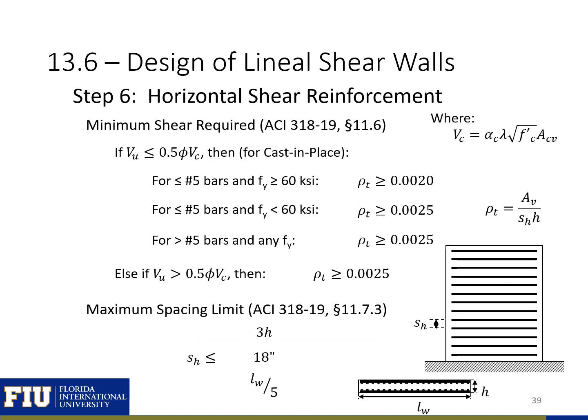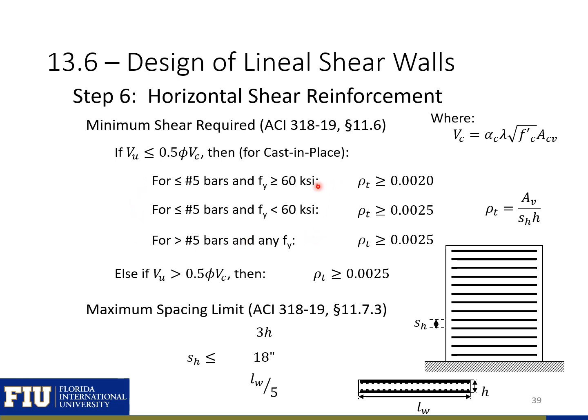Our minimum shear reinforcement required, or minimum transverse reinforcement ratios required by ACI 318, are shown on this slide, where if we have a lower shear demand, so Vu less than or equal to 0.5 phi Vc, then we have a smaller transverse reinforcement required.